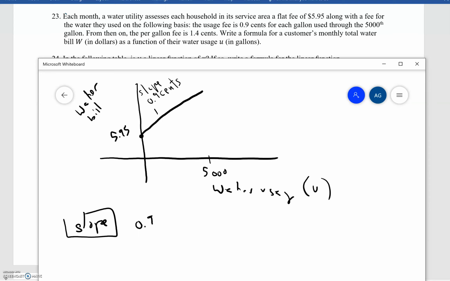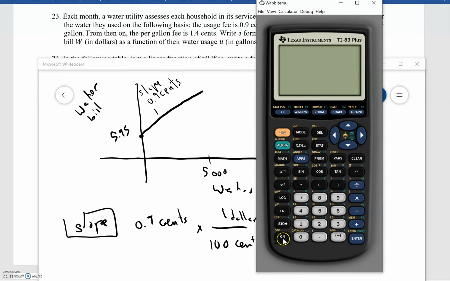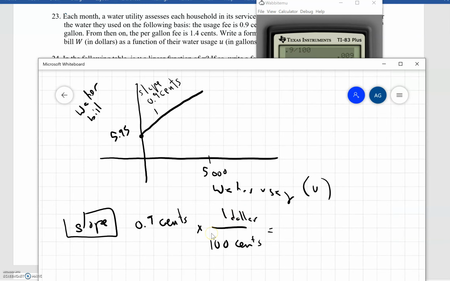So if it's 0.9 cents, my unit conversion to dollars is 100 cents is $1. So basically we just need to divide this by 100, which is going to give us a smaller number. And that's 0.009.